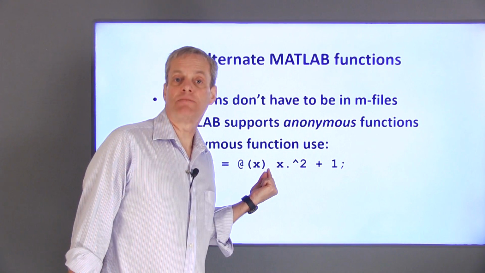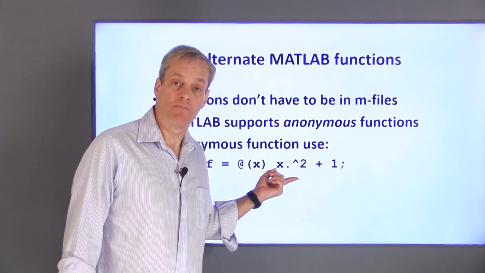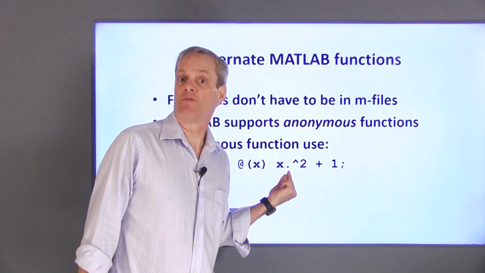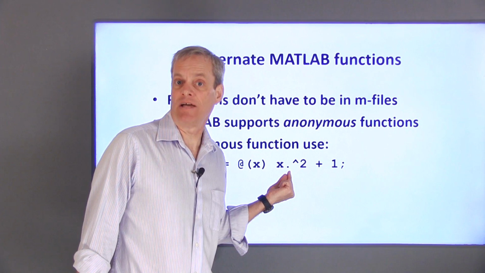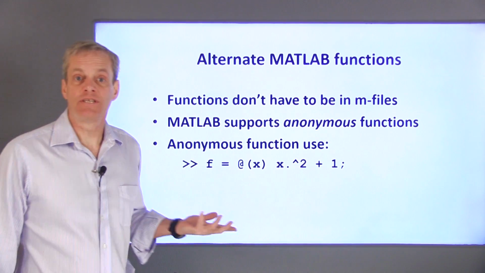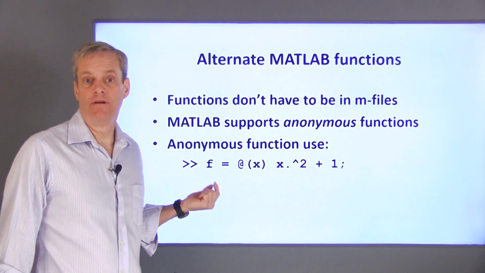That's followed by a space. After the space, the function itself, x squared plus 1, appears. Notice that array operators are used, so the function will accept an array of x values and return an array of function values. The anonymous function is assigned a variable name. I'm using f as the name of my function.